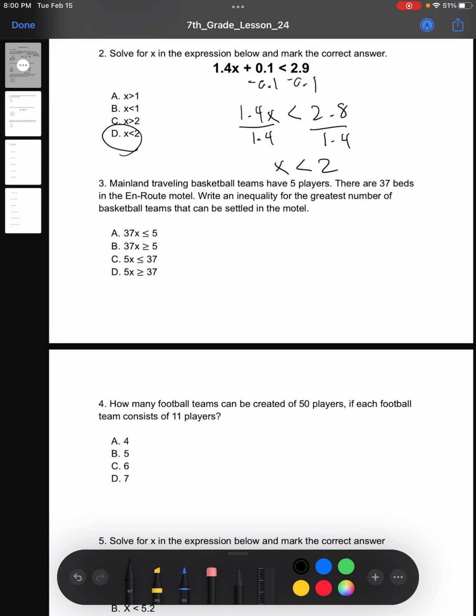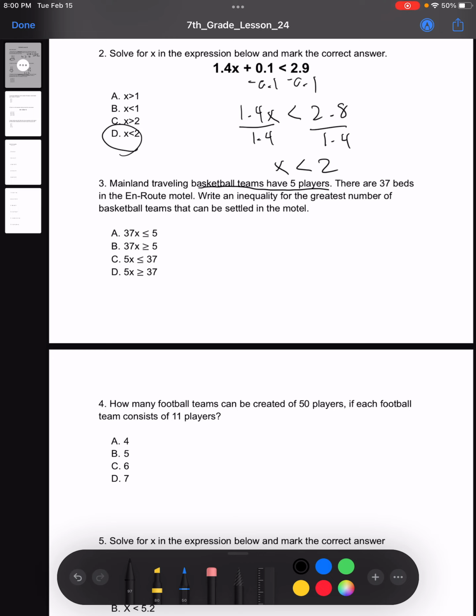Mainland traveling basketball teams have 5 players. There are 37 beds in the en route motel. Write an inequality for the greatest number of basketball teams that can be settled in the motel. So we have 2 bits of information. We know that each basketball team has 5 players.